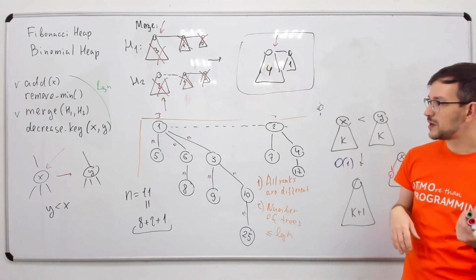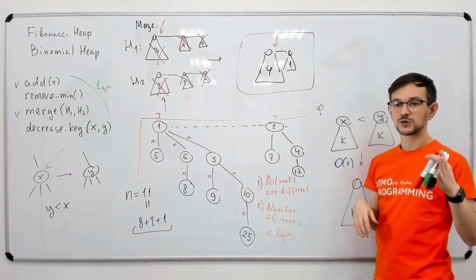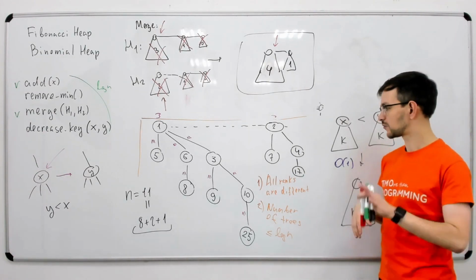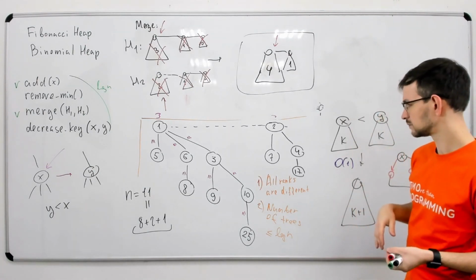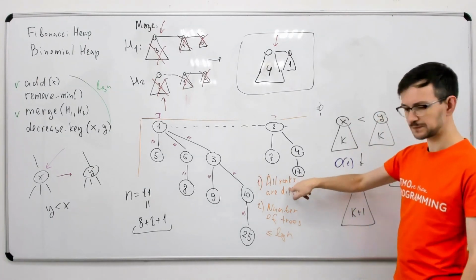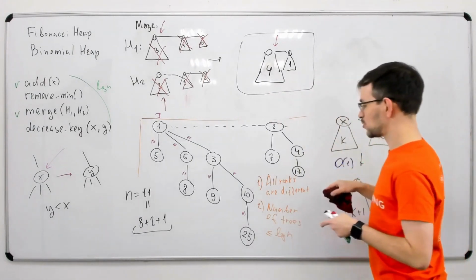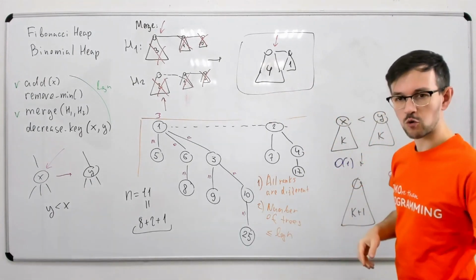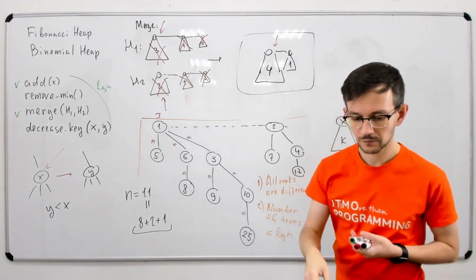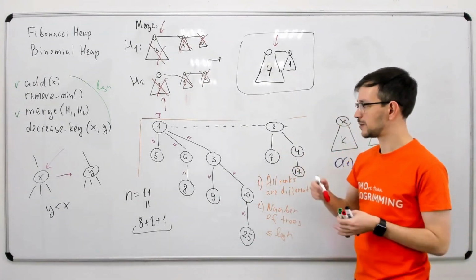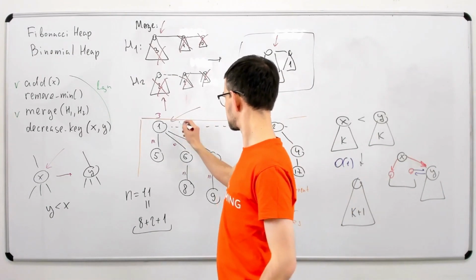Now, how to remove the minimal element? Imagine you want to remove the minimal element from your binomial heap. Let's use this binomial heap. Well, first, let's find the minimal element. The minimal element is here.